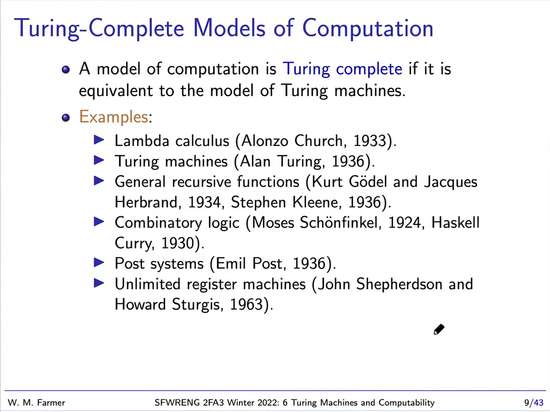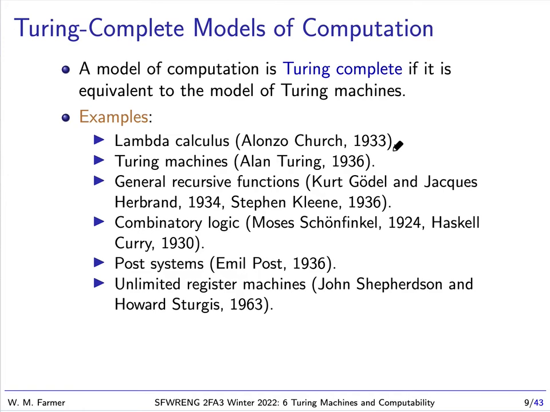And it turns out that there's a whole bunch of models of computation that are Turing-complete. So all these models are equivalent. And I'll list some of the early important ones. Lambda calculus, developed by Alonzo Church. Turing machines, developed by Alan Turing.